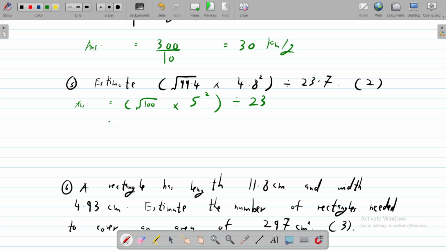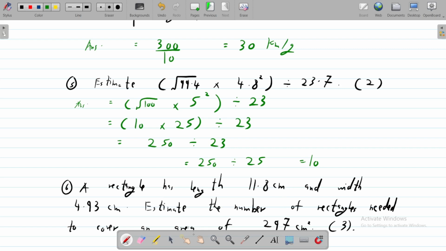Then we get 100, that's 10. Okay, correct. 25 divided by 23, and that would be 250 divided by 23. And again, we have to now estimate: I can take 23 as 25. So 250 divided by 25 will give me 10. Is that clear?